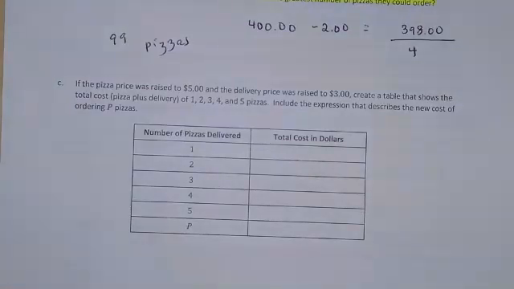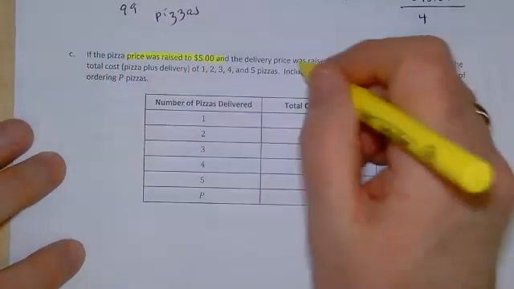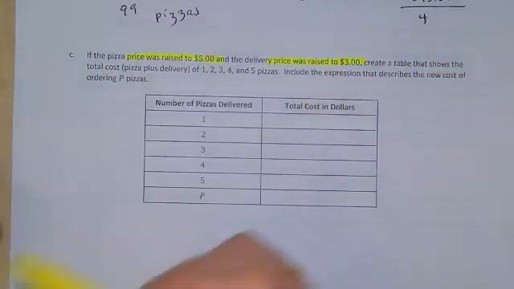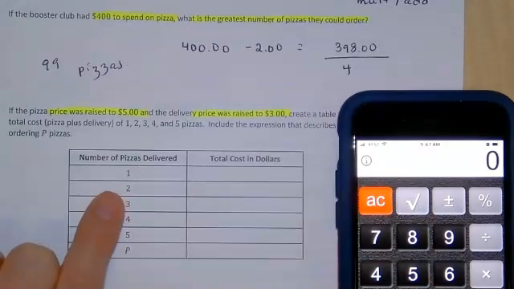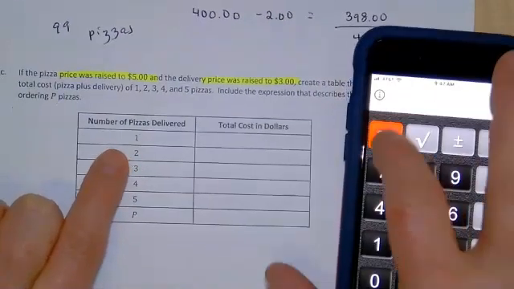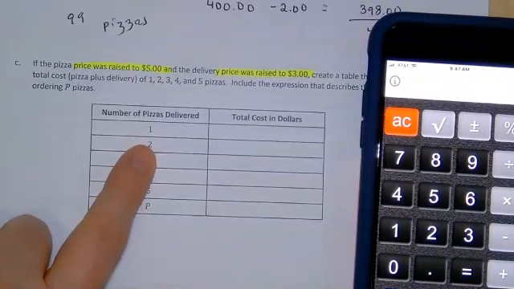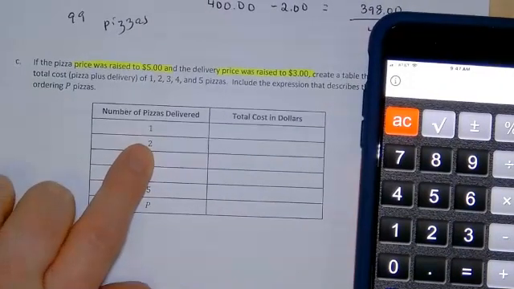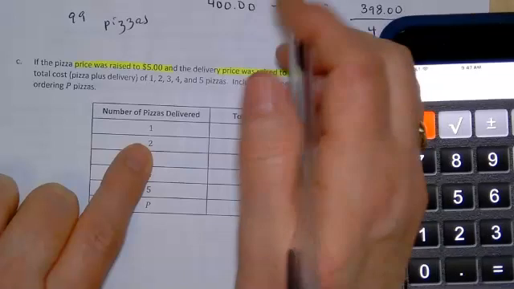Okay, now it says if the pizza price went up to $5 and the delivery price went up to $3. Who tells me what I put in the calculator to give the answer if I buy one pizza? To buy one pizza, what would I do? $8.